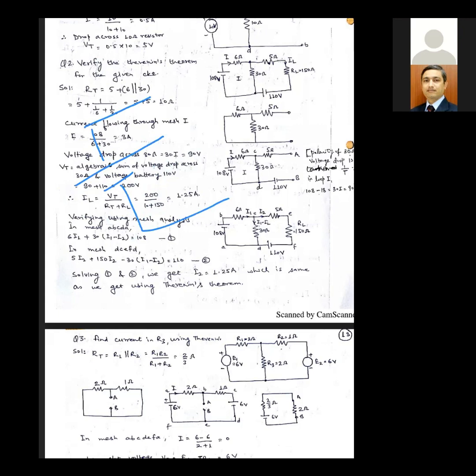Okay, you can say that this Thevenin theorem is now reduced to a simple Ohm's law type of situation, where this is our 200 volts and RT is our 10 ohms, which we have calculated, and load resistance is given as 150.